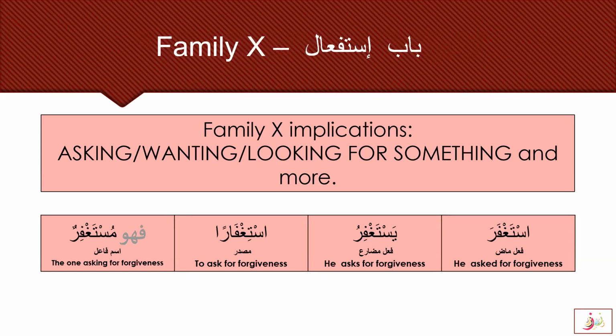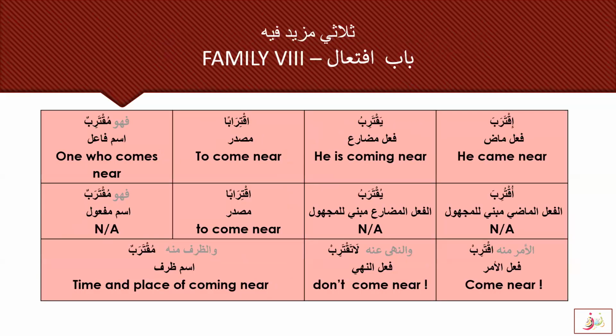You will always see ist and yas in the beginning of these words. This is why family 10 is so easily distinguishable from all other families, because you always see ist in the past tense and yas in the present tense.